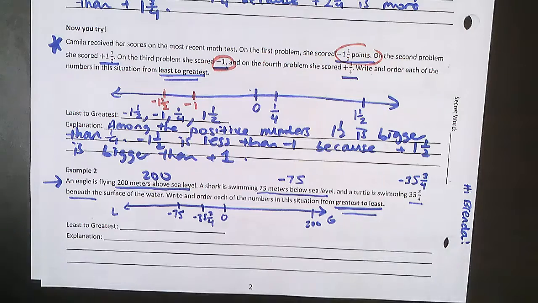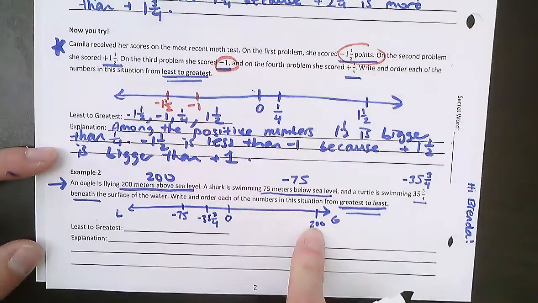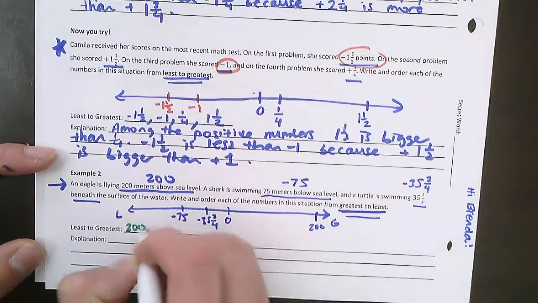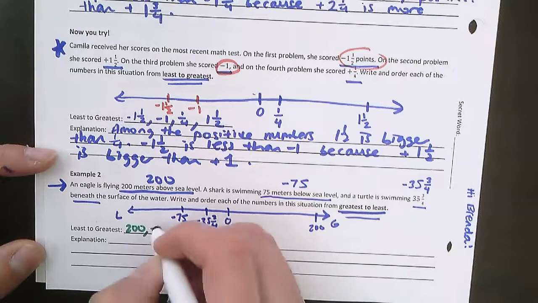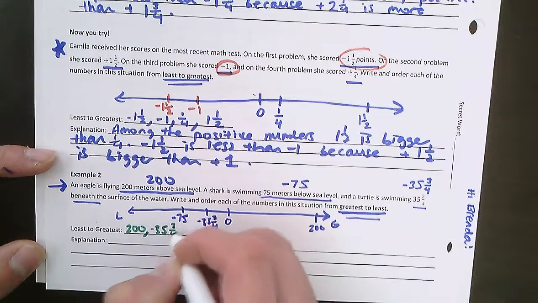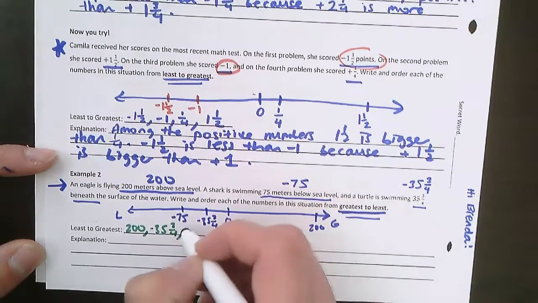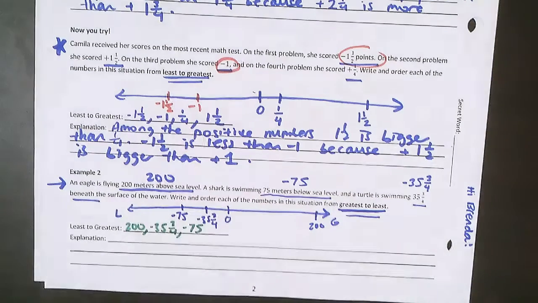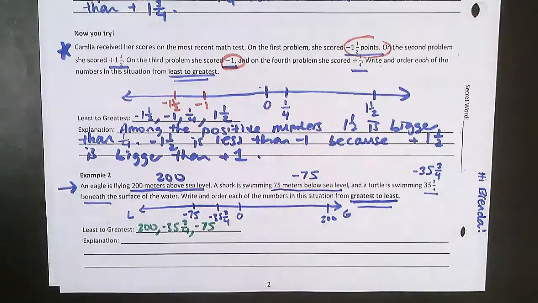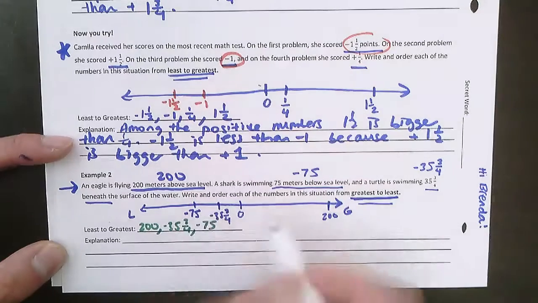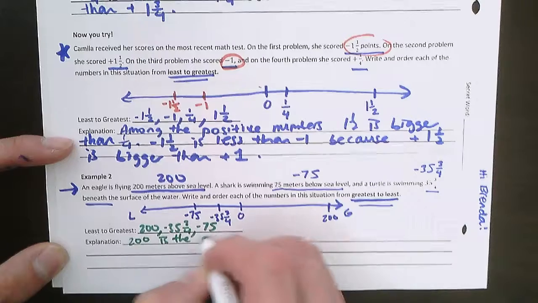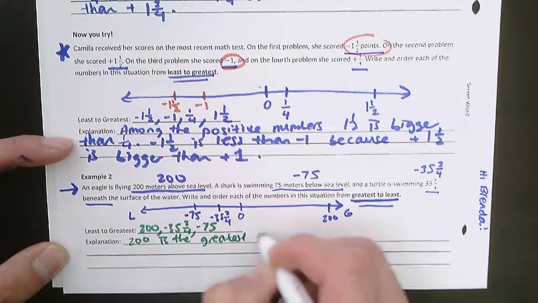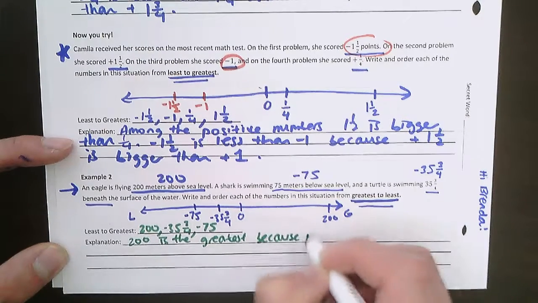So now listing the numbers from greatest to least. Greatest is furthest to the right. That's going to be 200. And then going left, it's going to be negative 35 3/4. And then going further left, I'm going to have negative 75. So my explanation for how I got here: I know that 200 is the greatest because it is the only positive.